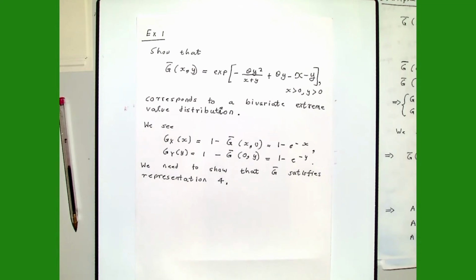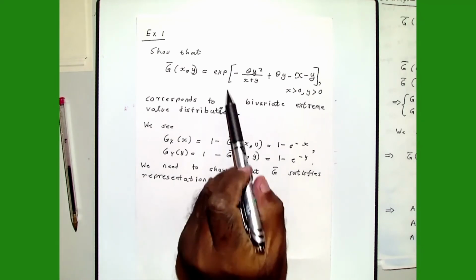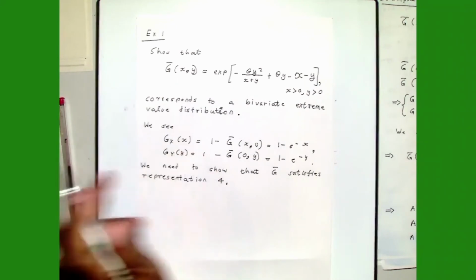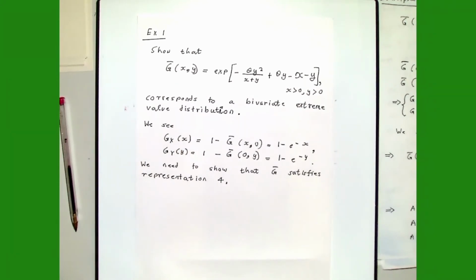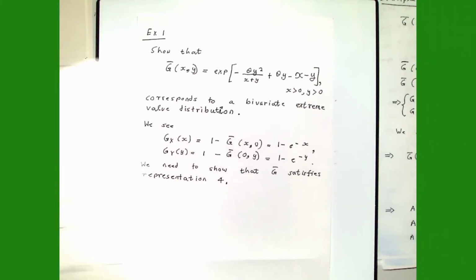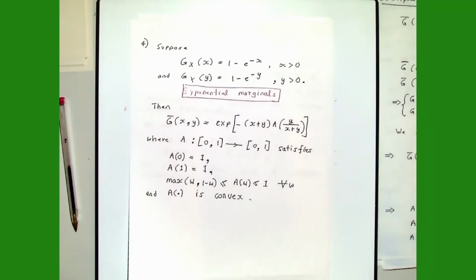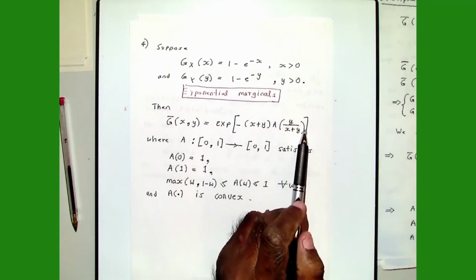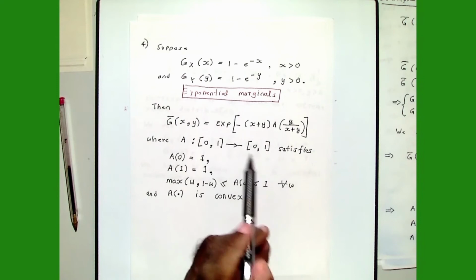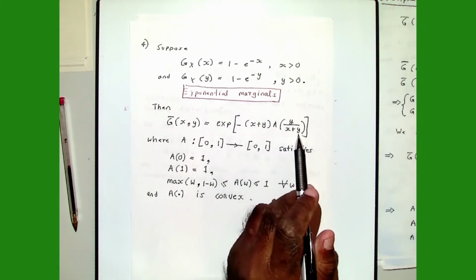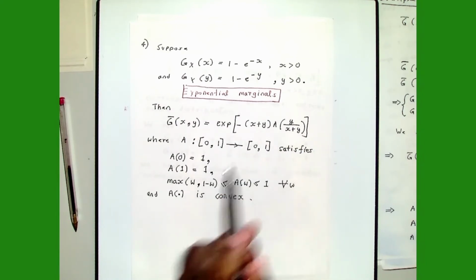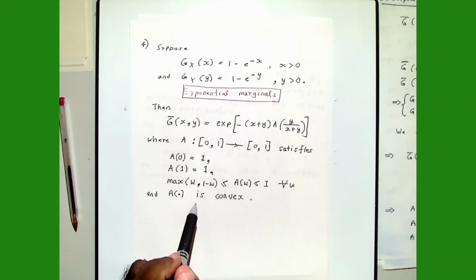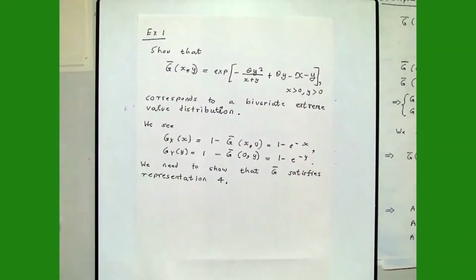So we need to basically show that this expression for G bar can be expressed in the form of representation 4. Let me return to representation 4. So we need to show that the given formula for G can be expressed in this form, where A satisfies these 4 conditions.